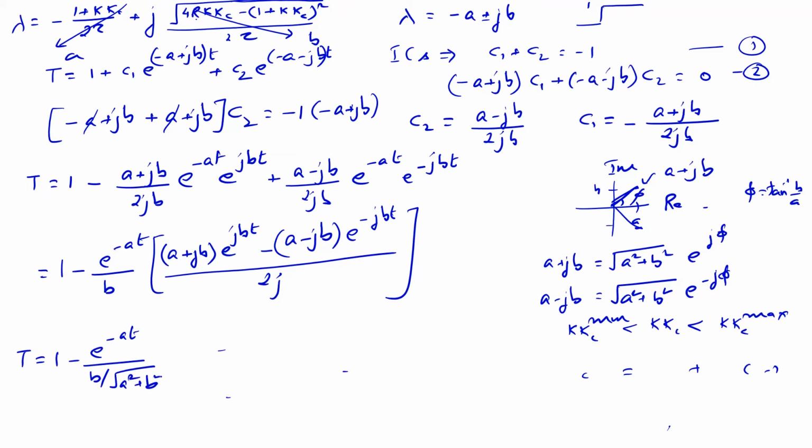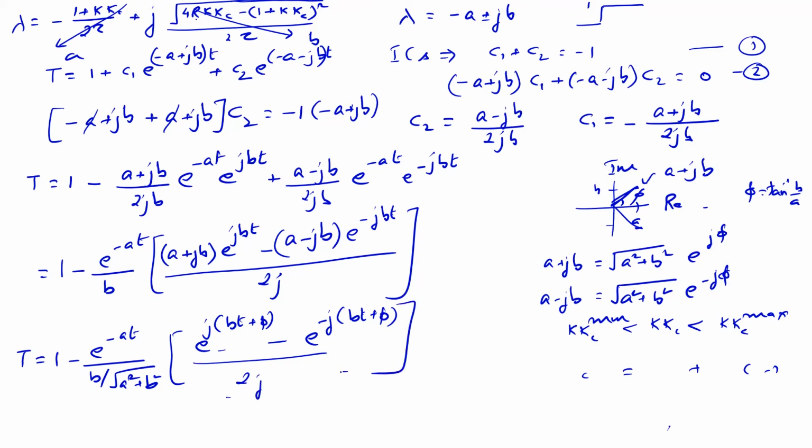And then what you get is e to the power j times (bt plus phi) minus e to the power minus j times (bt plus phi), divided by 2j.